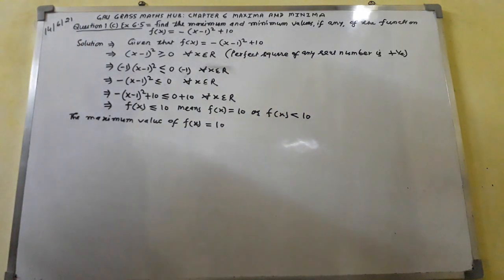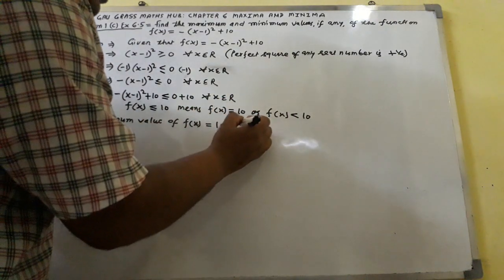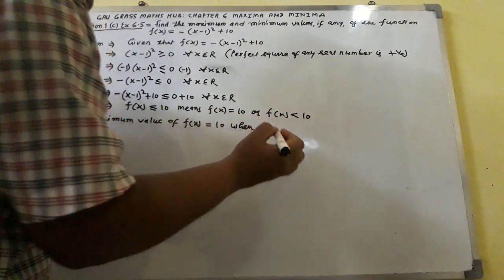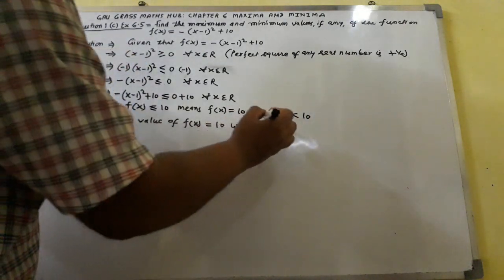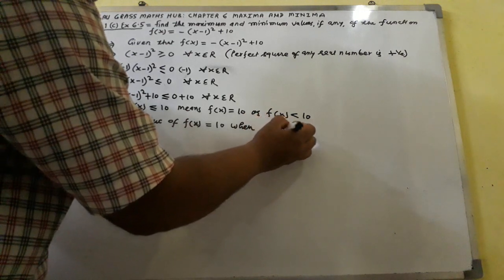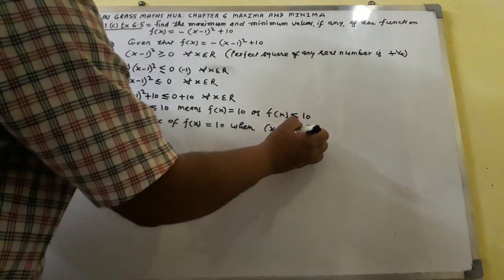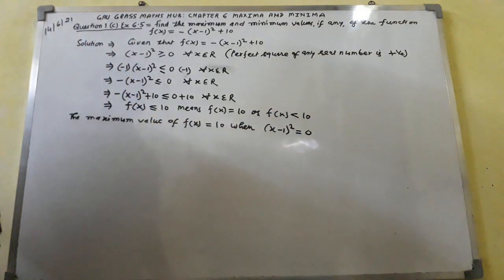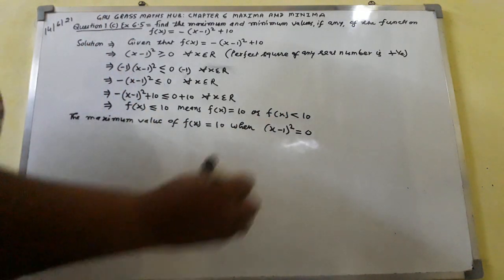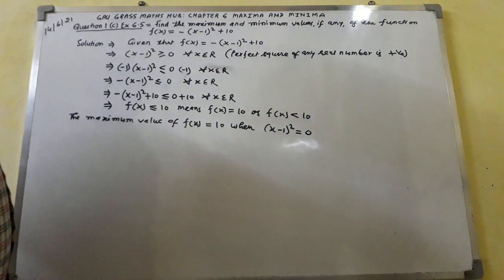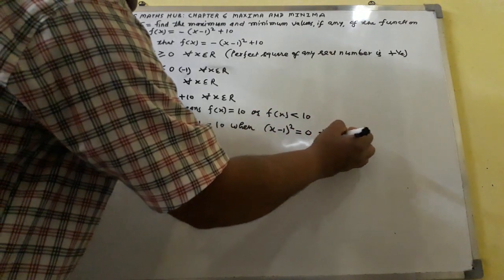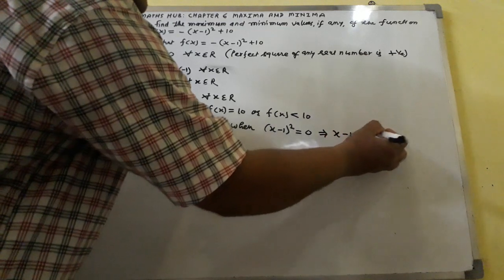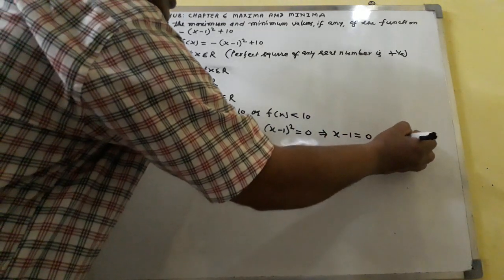Here you can see, when from this place I take (x minus 1) whole square equal to 0, implied that x minus 1 equal to 0, implied that x equal to 1.